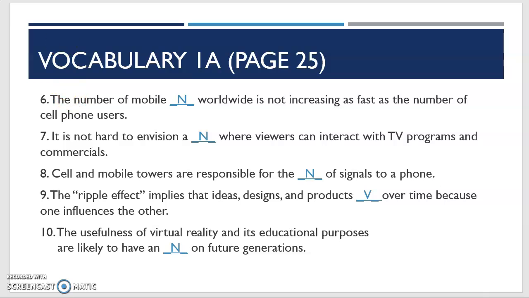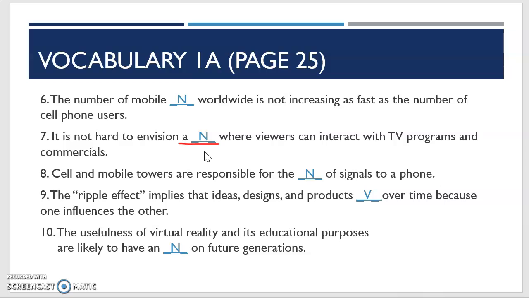Number 6, talking about mobile, I'm going to have to use the word mobile networks, right? Talking about the idea of cell phones, but here I have the word networks. Number 7, it's not hard to envision a scenario.